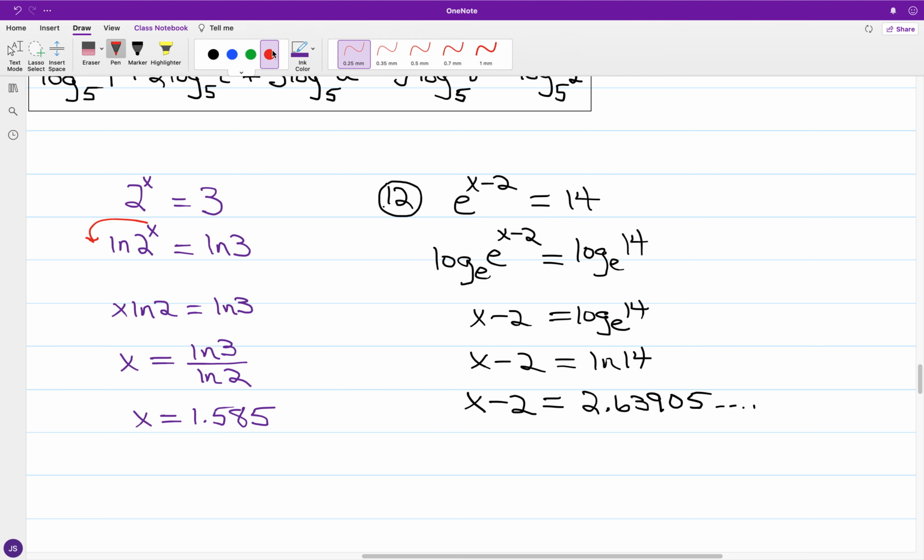And getting x by itself, if I add 2 to both sides, here we're going to have x is going to be 4.639 if I take it to the nearest 3 decimal places.